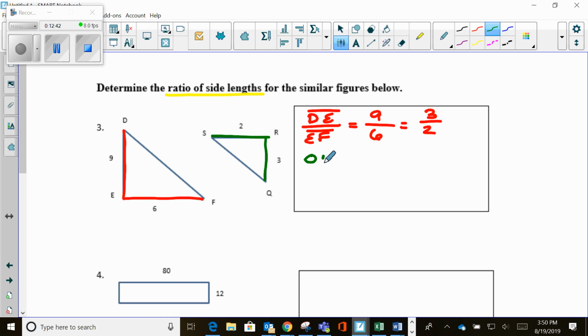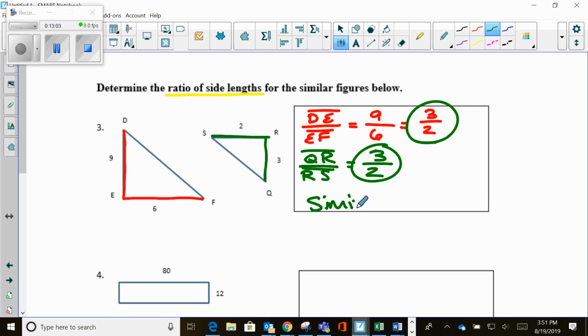So I'm going to say QR divided by this bottom side, which is RS, leaves me with 3 divided by 2. We now see that I have the same ratio for both triangles, so they are similar figures. How do you know if something is a similar figure? Because they have the same ratio.